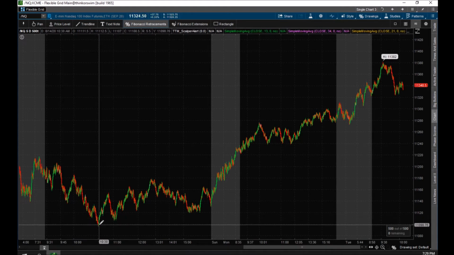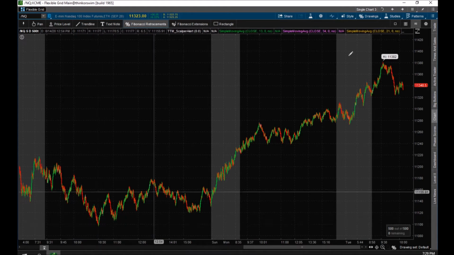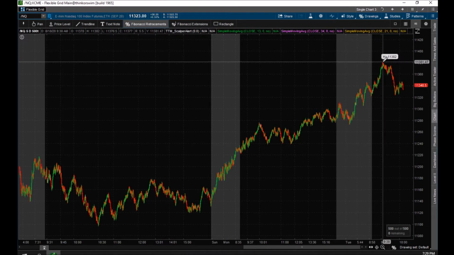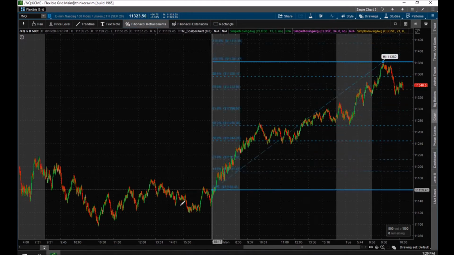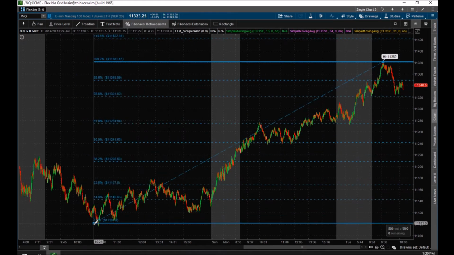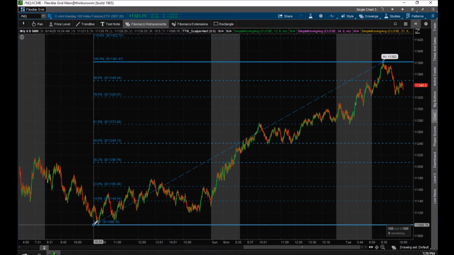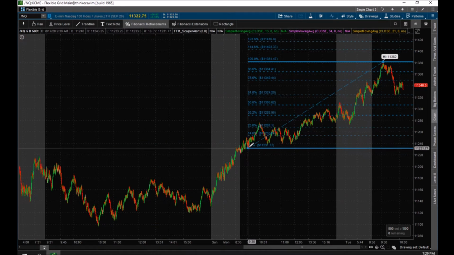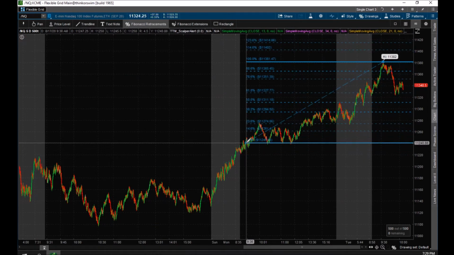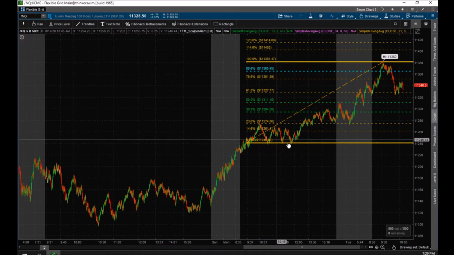What I did here, I took the high up here, and then I went all the way down to this low here. Or you could even do previous day low, which is that one there. That's where it bounced on the support.